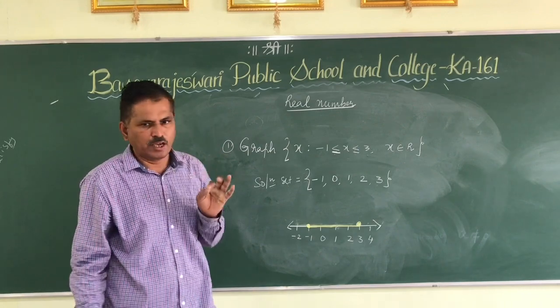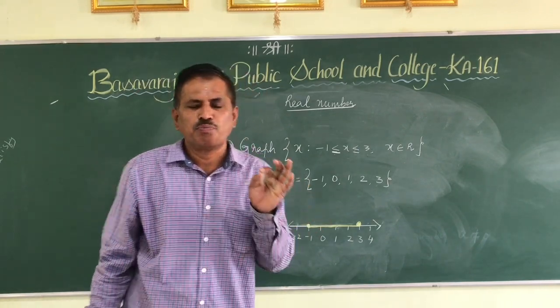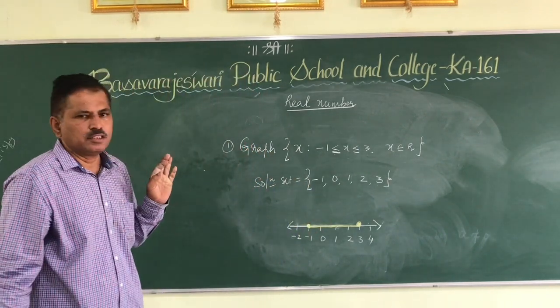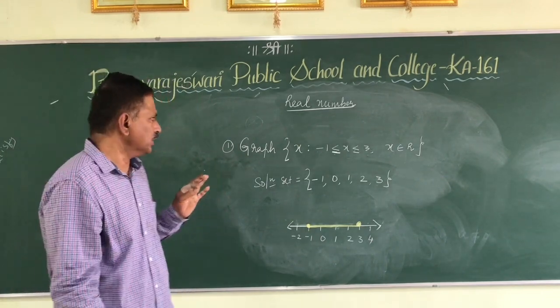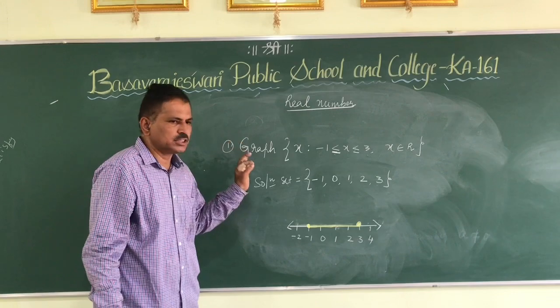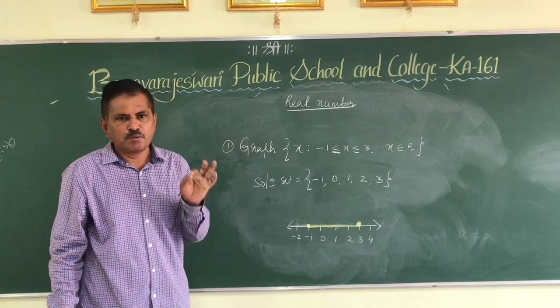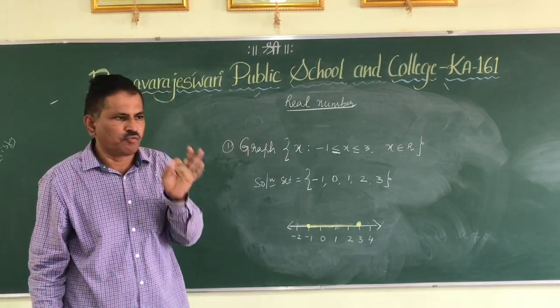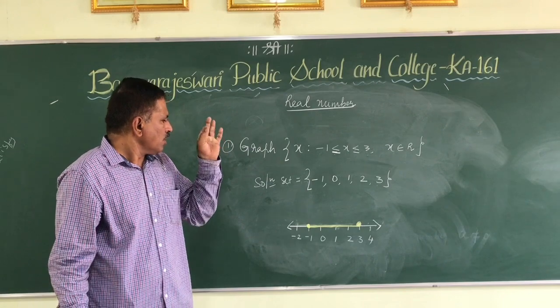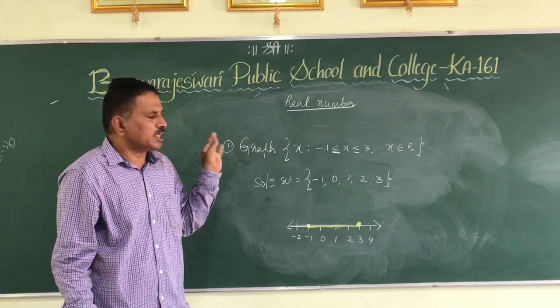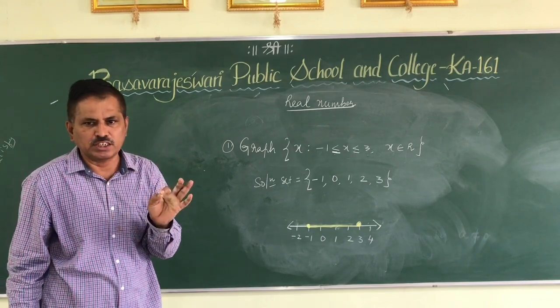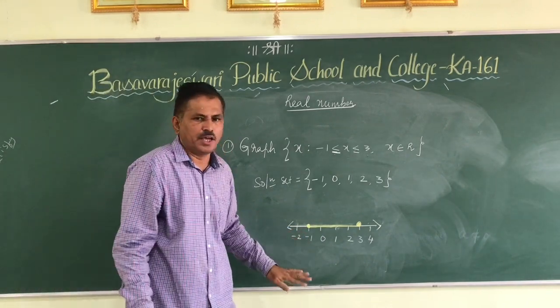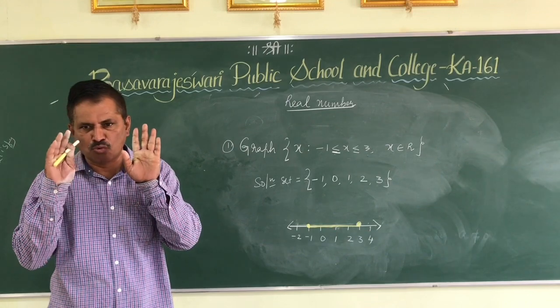Let me explain again. You are supposed to represent the natural numbers, whole numbers, as well as integers and real numbers on the number line. Remember, the representation of natural numbers, whole numbers, as well as integers on the number line is of the same method only.